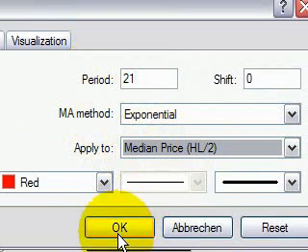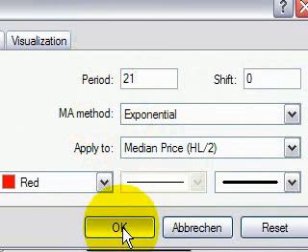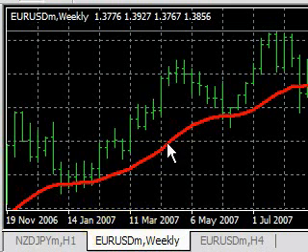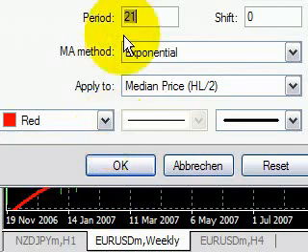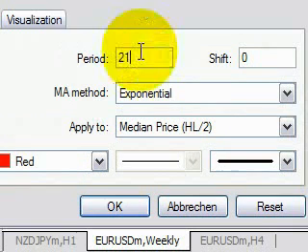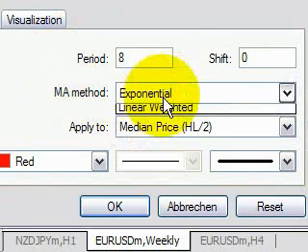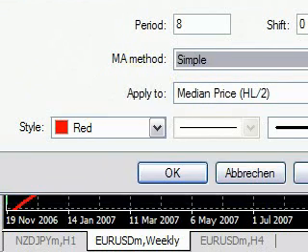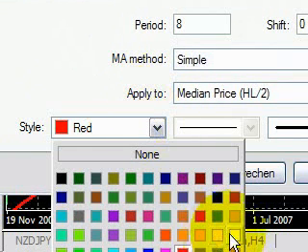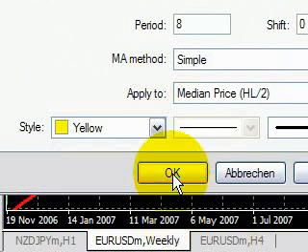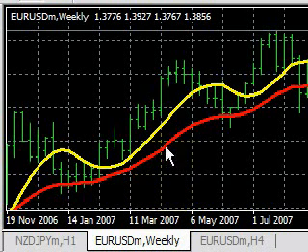It's just the average price, don't worry about it. I'll put it in red so you can see it. Now we will put a second one on there, with a period of 8, and it's a simple moving average, and I'll give it the color yellow. Just keep in mind, yellow is the fast one and red is the slow one.